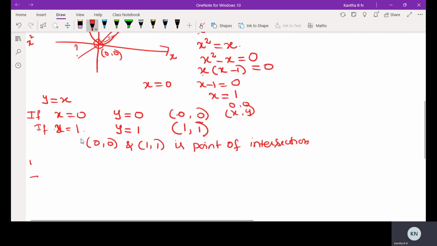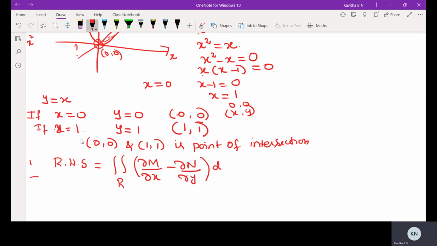Then write down the RHS part of Green's theorem: RHS is equal to the double integral of R, del N by del x minus del M by del y, dx dy.